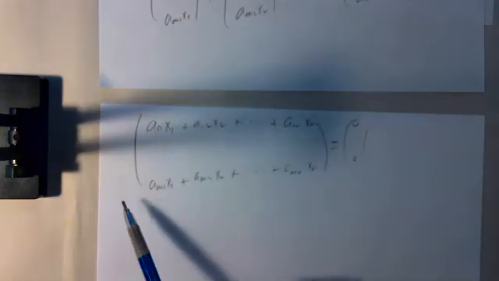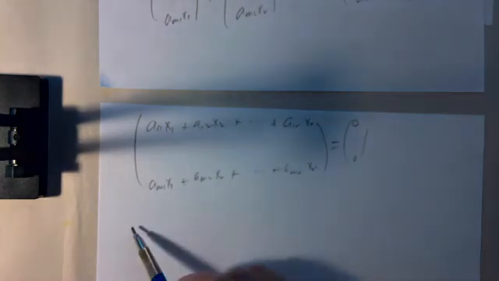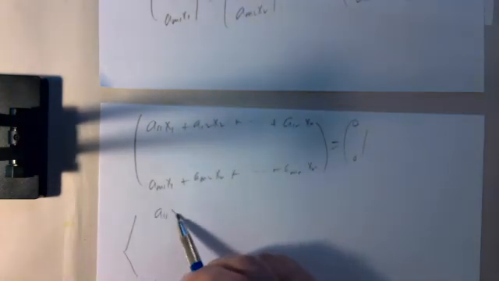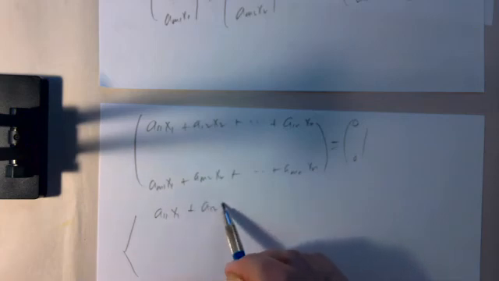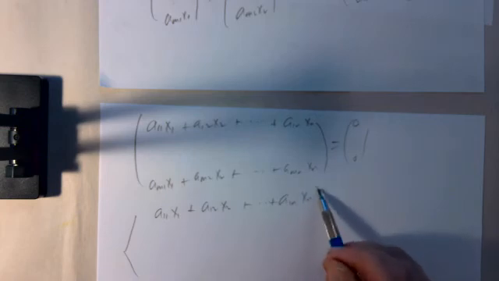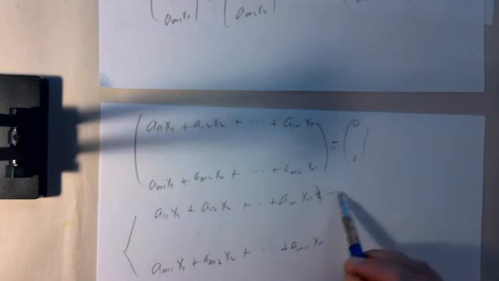So this linear combination of the vectors giving you the 0 vector is equivalent to saying that x is a solution of this system of m equations in n variables.